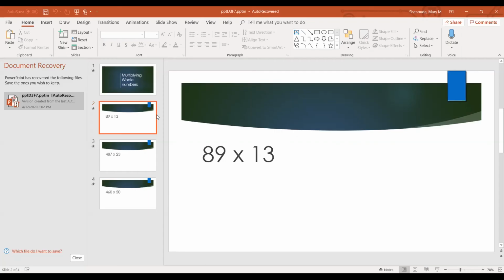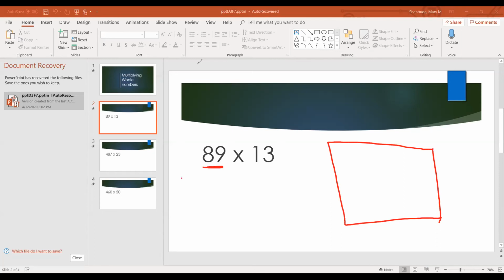This method is called standard algorithm. There is another method that we talked about in class. It's called partial products method, and that's referred to sometimes as the box method. The way the box method works is we need to split this number.